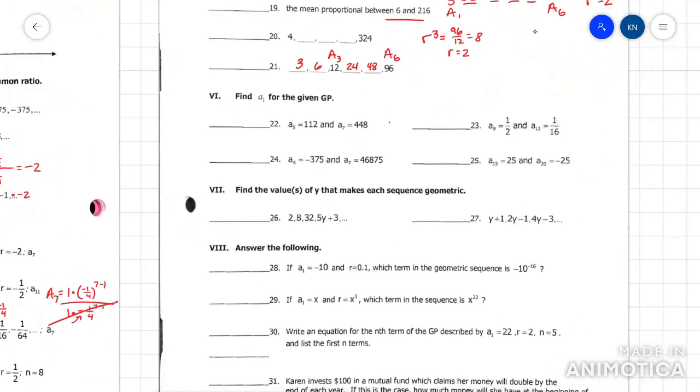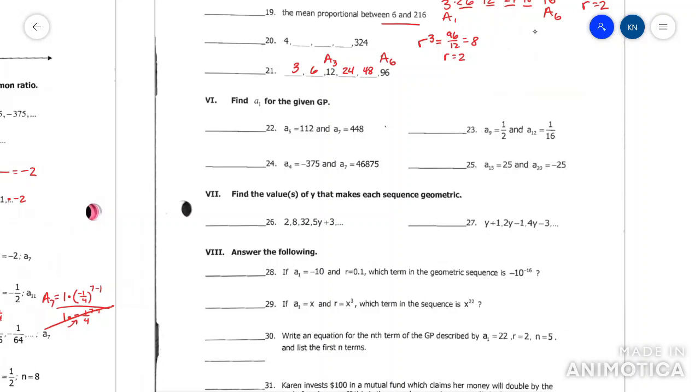Okay, now on this next section, you're basically going to be doing the same thing there. You're going to have to go get R first. So this was a difference of 2. So R squared equals, then you divide them, 448 over 112, which is 4. So R squared is 4. That means R is 2.